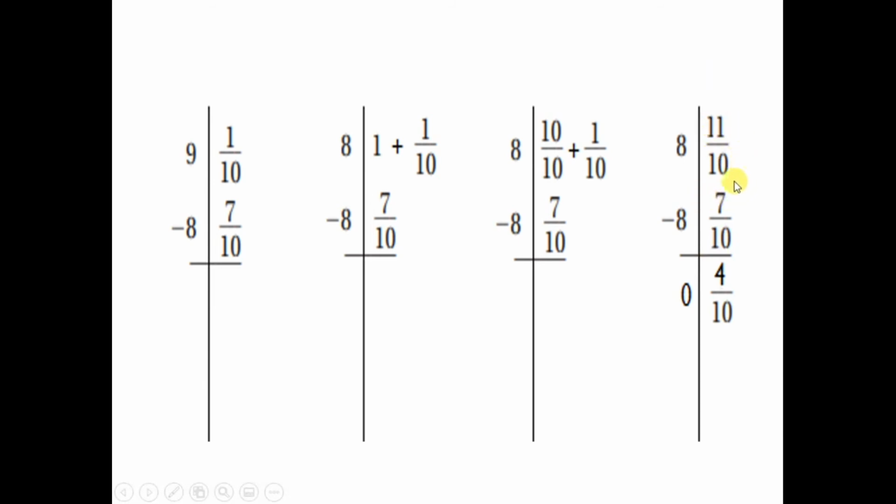Yes, because 11 now is bigger than 7. So, to minus fractions, what is the rule again? Keep the denominator, minus numerators. 11 minus 7 is equal to 4. So now 4 over 10 is a proper fraction. Go to the left side, minus a whole number from a whole number. 8 minus 8 is equal to 0.